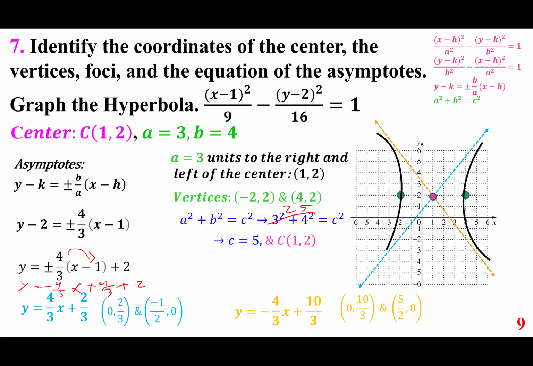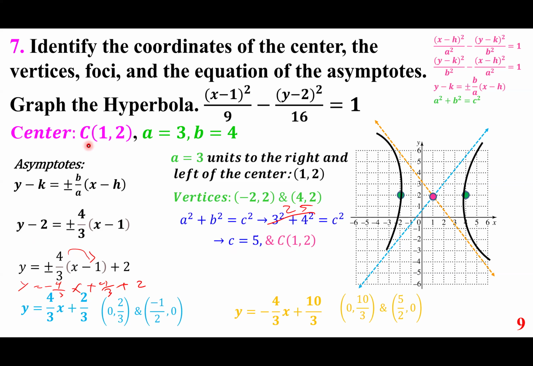So if c is 5, and the center is at (1, 2), this is the center. We don't want to mix it up with this lowercase c, this capital C representing the center.